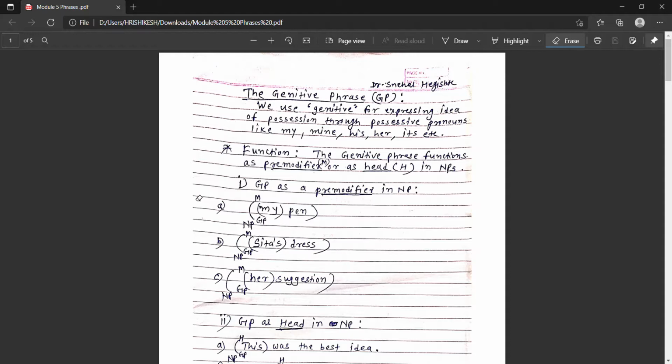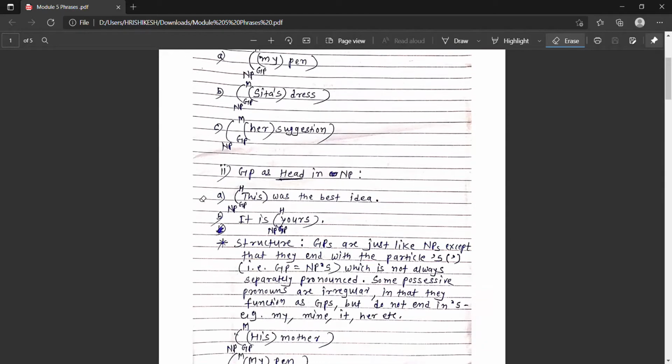So, the structure of GP. We have discussed function first of all. After discussing the function of the GP, today we will discuss the structure of the GP. When you discuss the structure of GPs, GPs are just like NPs. What is the difference between GPs and NPs? Except that they end with the particle apostrophe s.